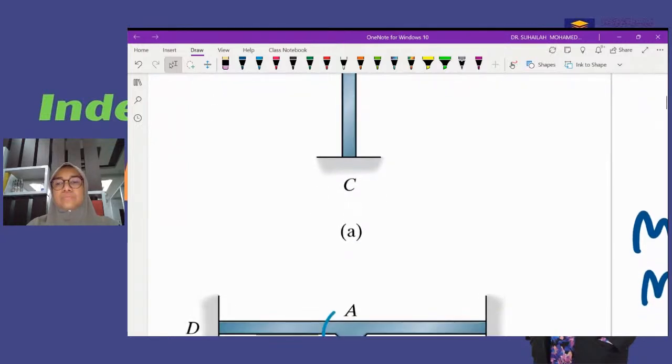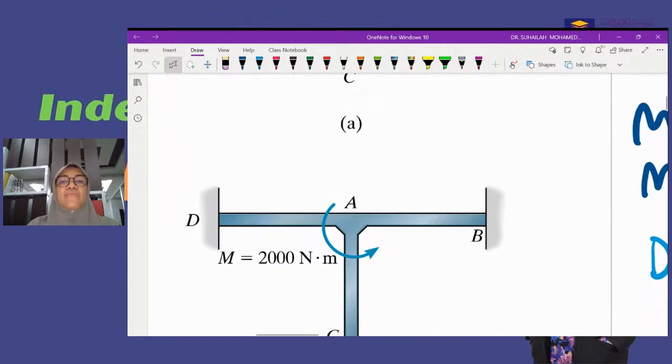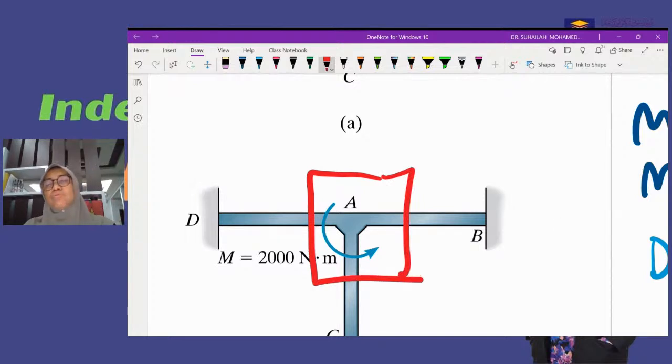Whenever joint A, because in the moment distribution method, we distribute moment using the joint moment, we times it with the distribution factor.